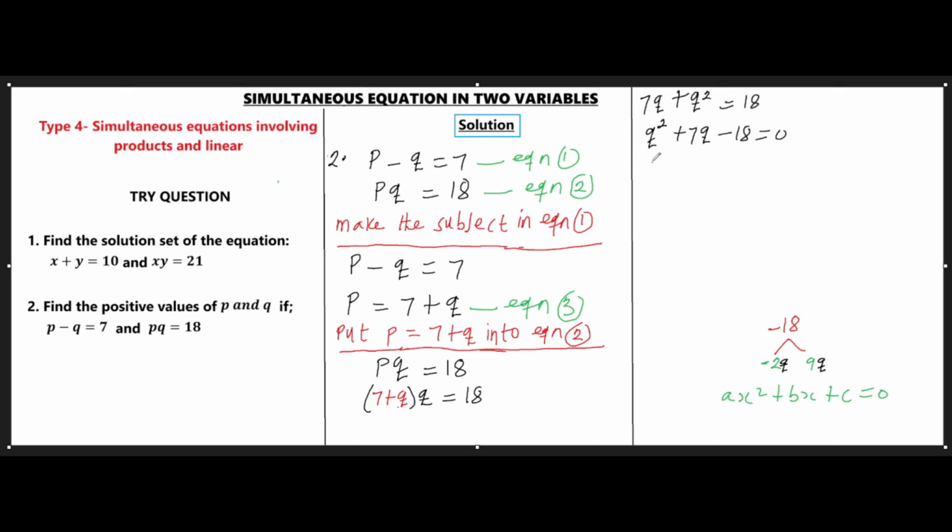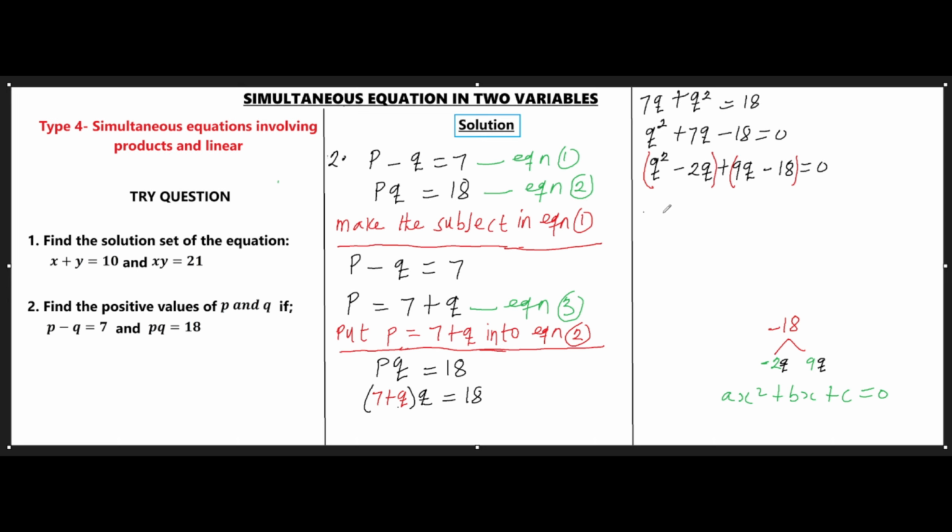So we have q squared minus 2q plus 9q minus 18 is equal to 0. We are going to group them before we factorize, first 2 and then last 2.